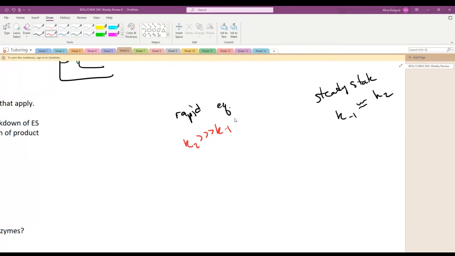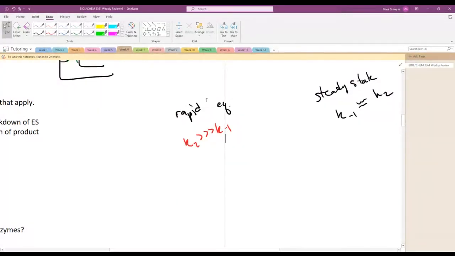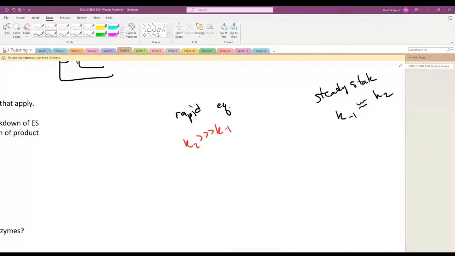So the rapid equilibrium assumption is basically saying that the forward reaction dominates, because K-1 is so small. A rapid equilibrium is basically the formation of the enzyme substrate complex very quickly. Okay?